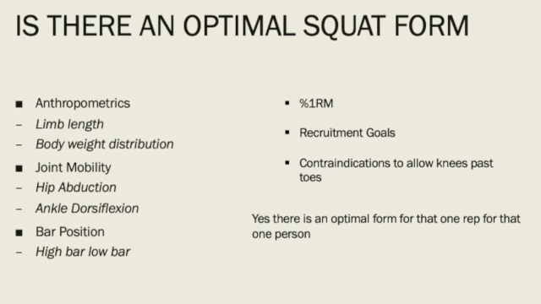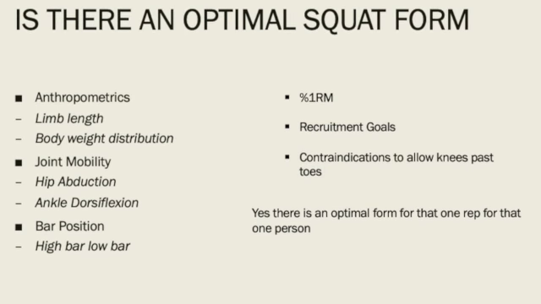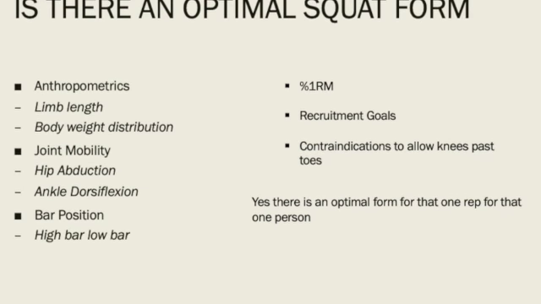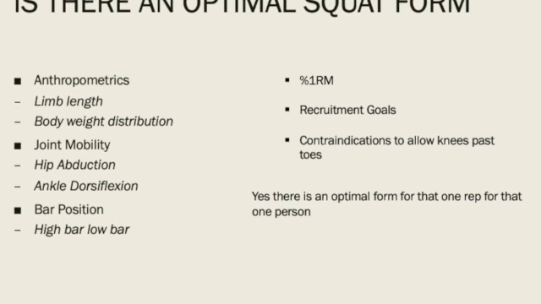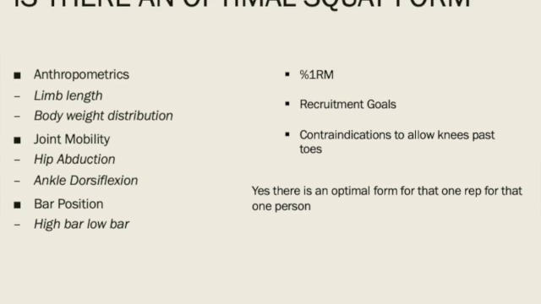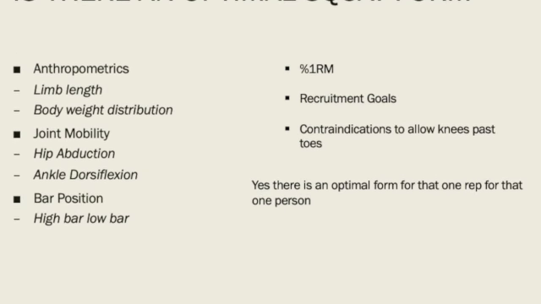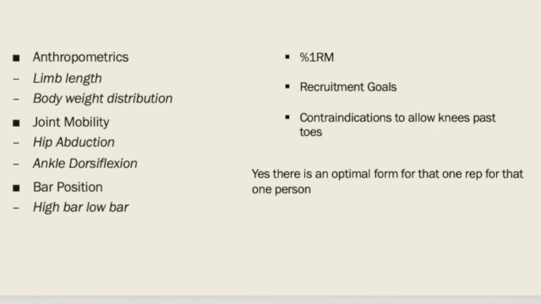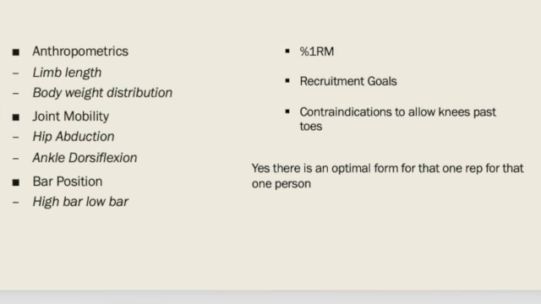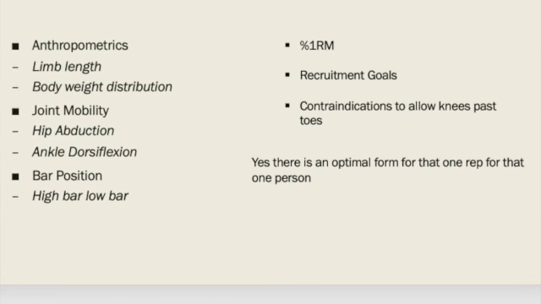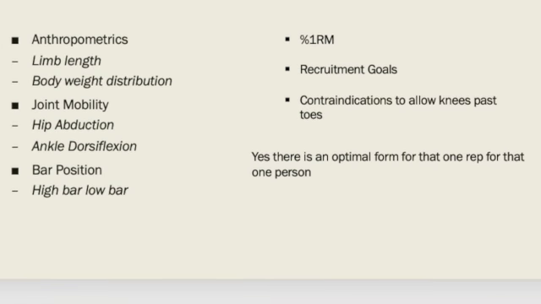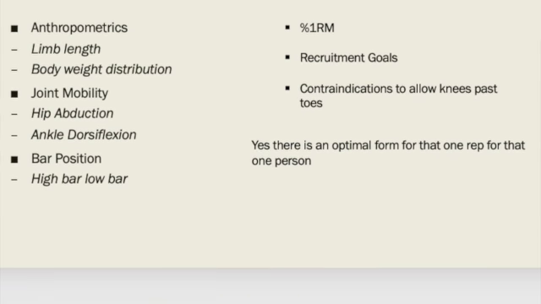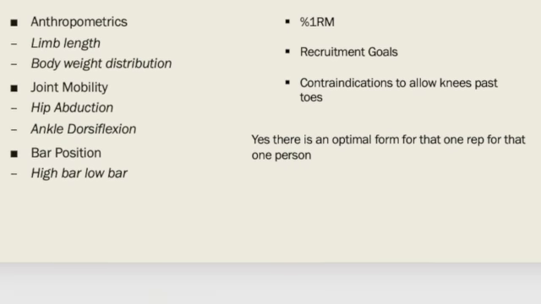I forgot to talk about that in the beginning. Bar position, what percent of 1 rep max you're doing, what muscles you're trying to recruit, what contraindications or injuries you're trying to avoid. All those things factor in, and yes, you can get an optimal squat form for this recipe or this individual person. So no, there isn't one for the masses that you can prescribe for everyone.